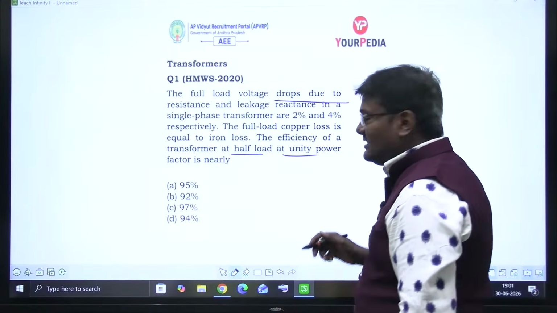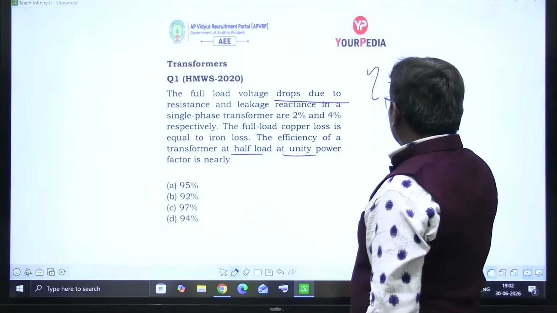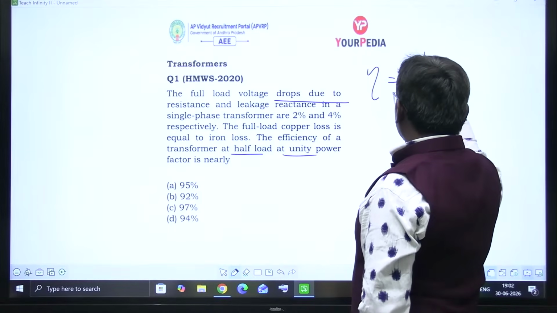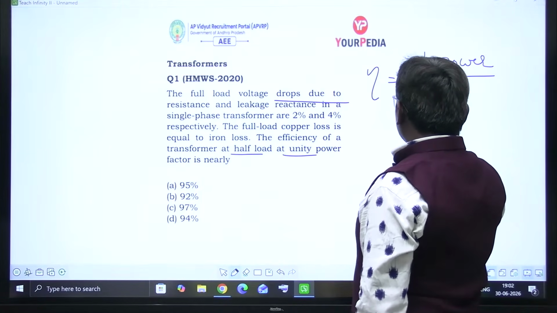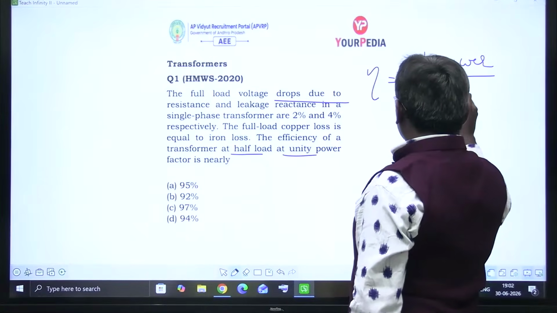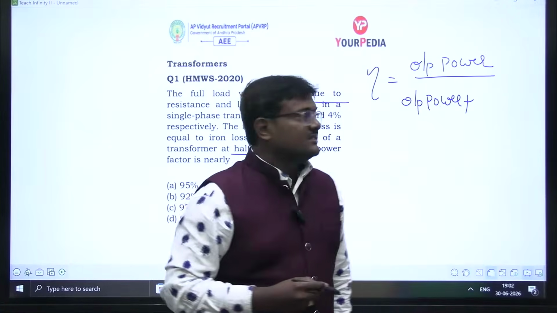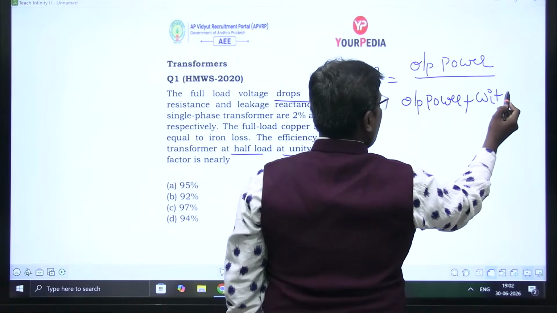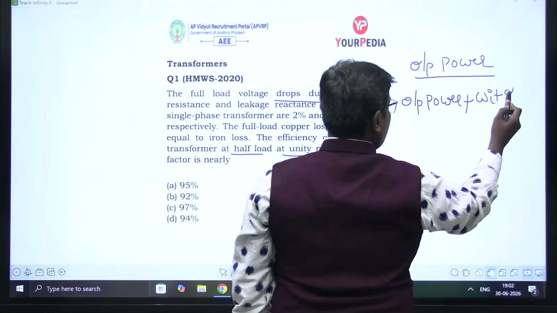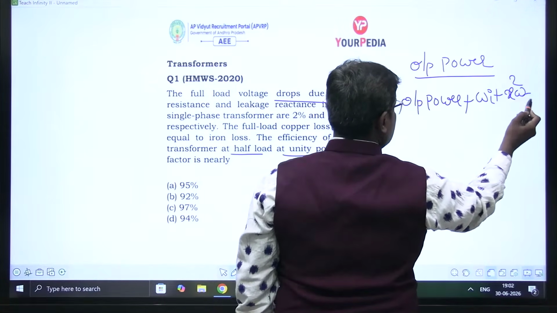Now, what is the efficiency formula? Output power divided by output power plus iron losses plus copper losses. So x square times the copper losses.